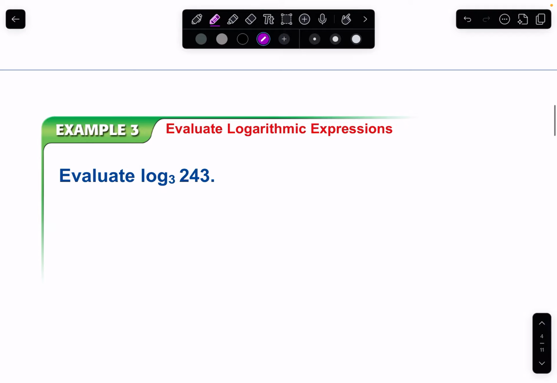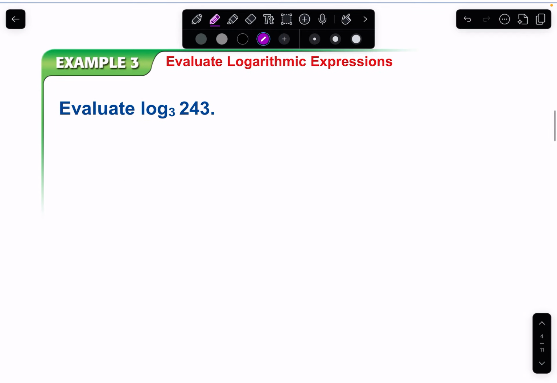Looking at example 3, it is now actually asking you to solve or evaluate. So you need to figure out what it's equal to. And I know there's not an equal sign for this question. You can add an equal sign and a variable, y or x, it doesn't matter, in order to know where stuff would go when you change it from log form to exponential form.